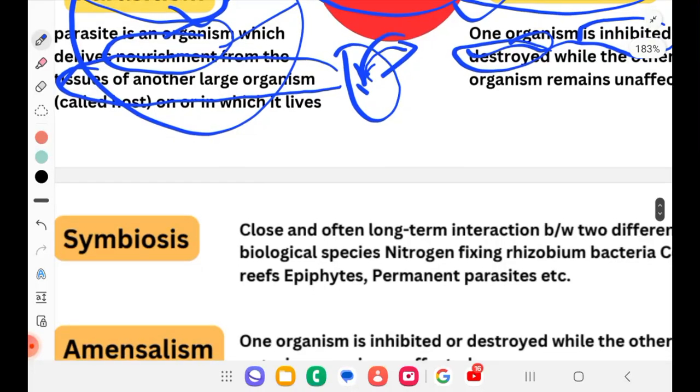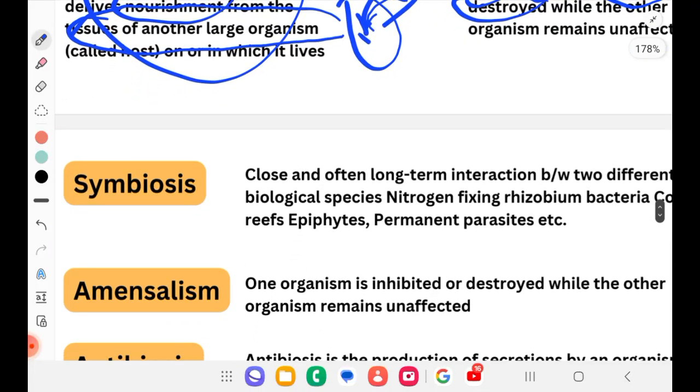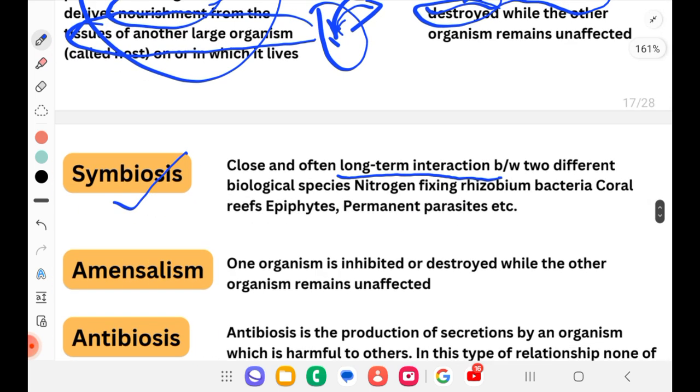So then we have another term, symbiosis. Symbiosis is a close and often long-term interaction between two different biological species. Examples: nitrogen fixing rhizobium bacteria, coral reef, epiphytes and permanent parasite. So they have a long-term interaction.